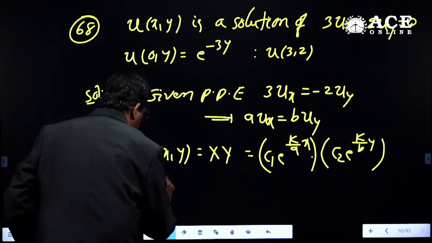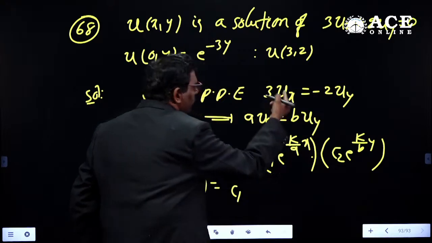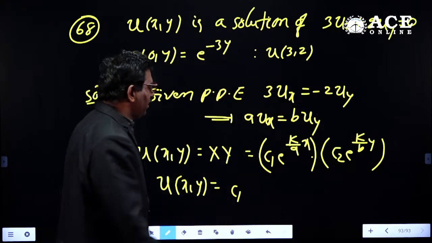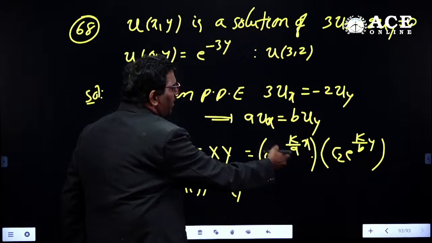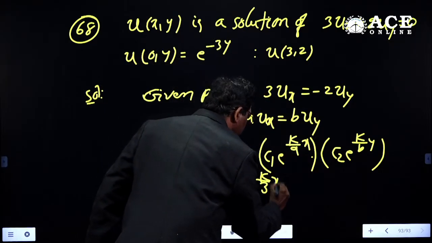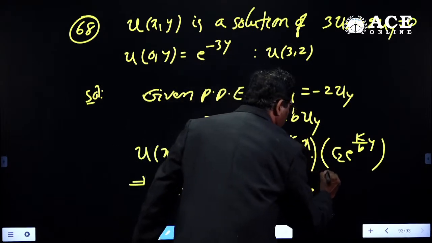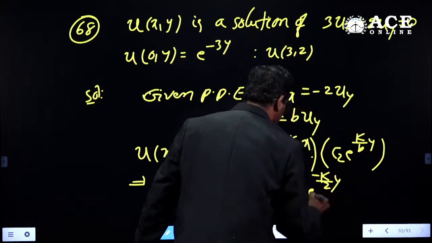That implies u of x,y is C1 e to the power k by 3 x into C2 e to the power minus k by 2 y.